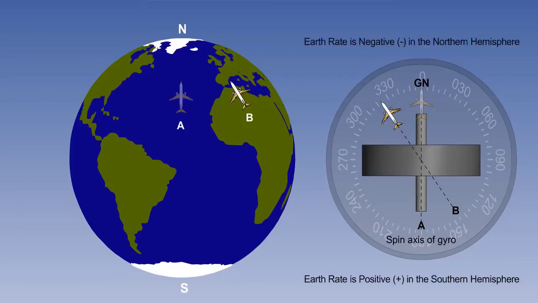Note that in the northern hemisphere there will always be a decrease, and for this reason the Earth rate is designated negative, or for mathematical purposes it is given a minus sign. In the southern hemisphere the opposite applies, and the Earth rate is designated positive and is given a plus sign. Remember though, neither our aircraft orientation on the surface of the Earth nor the spin axis orientation of the gyro have altered. It is the Earth rotation around its own axis which has caused the change.